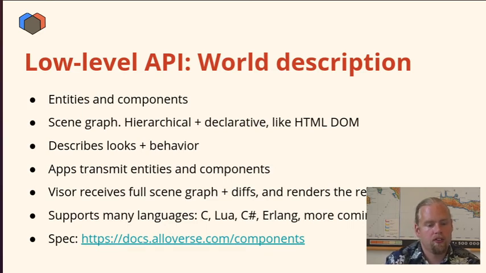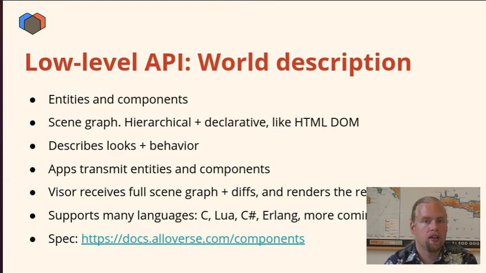And apps basically say, hello, I would like to represent myself with these entities and these components. And the place creates them for the app, and then the visor receives these and sees, okay, here's a box, let's render the box. And the low-level API is in C with bridges to Lua, C#, Erlang, and a bunch of other languages, and more coming.